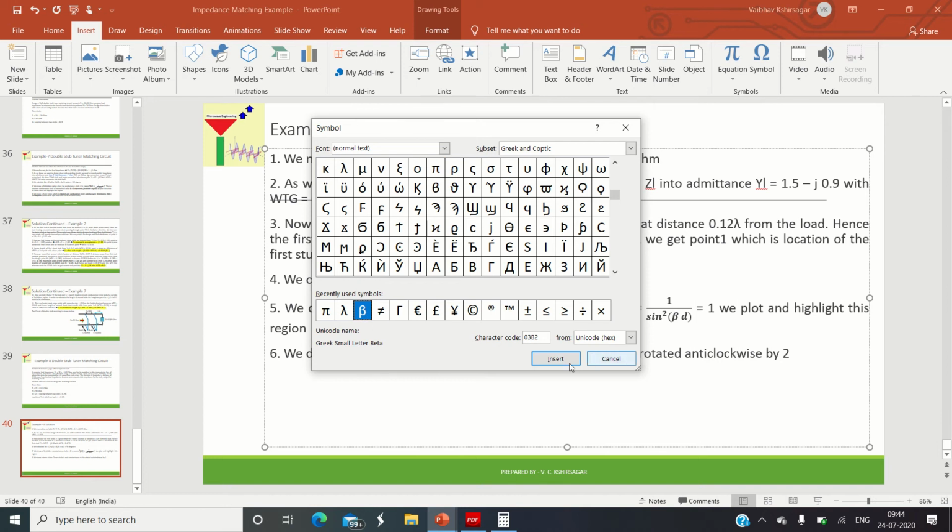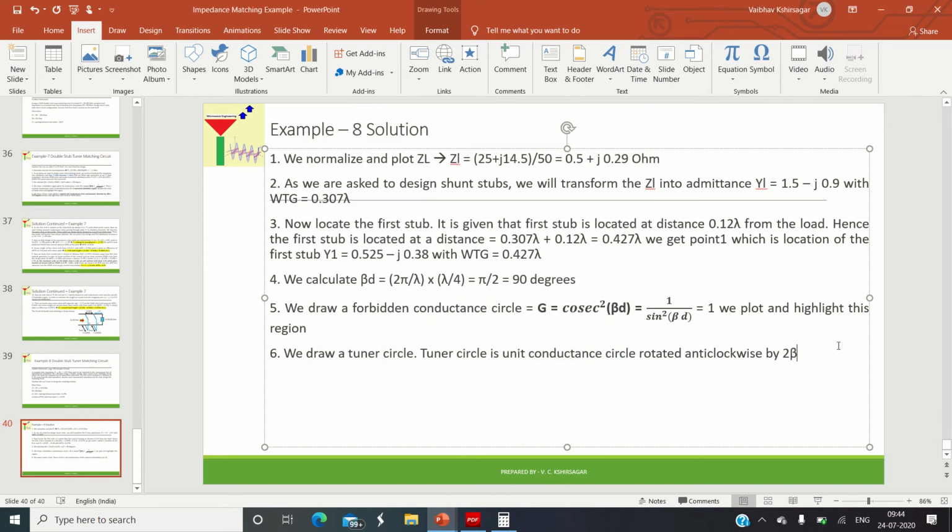What is a 2 beta d amount? We already know beta d is 90 degrees. Multiplied by 2, I get 180 degrees. So a tuner circle is a unit conductance circle rotated anti-clockwise by 180 degrees.